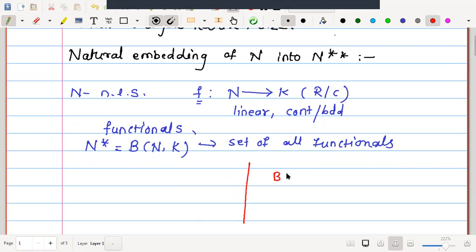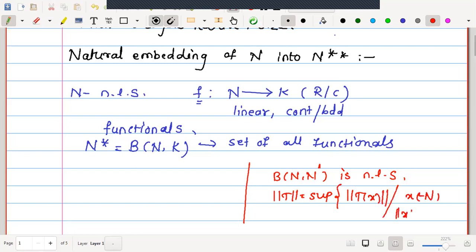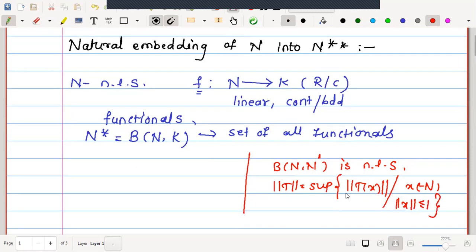B of N comma N dash is a normed linear space under the norm norm T equals supremum of norm of T of x, on the condition x is in N, norm x is less than or equal to 1. This we have proved is a normed linear space.